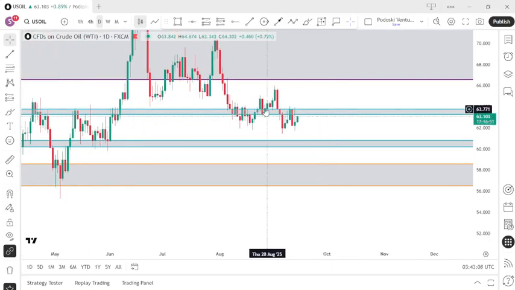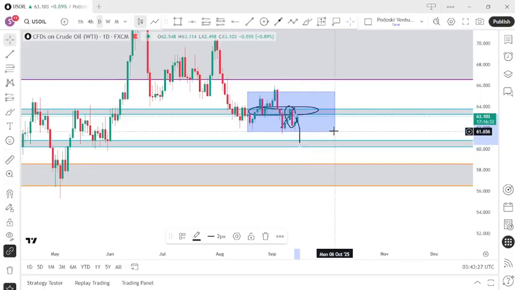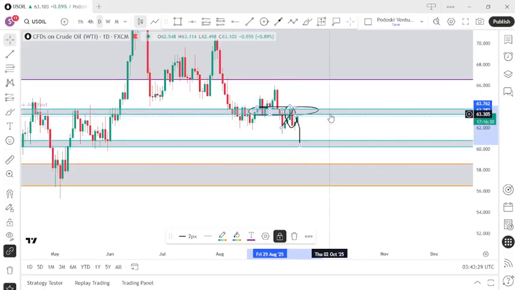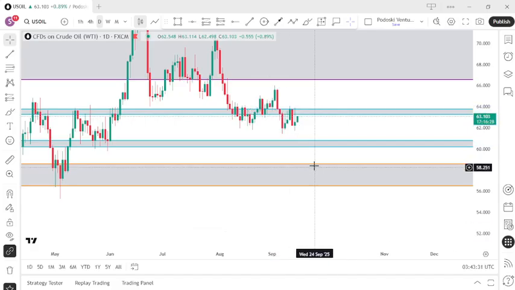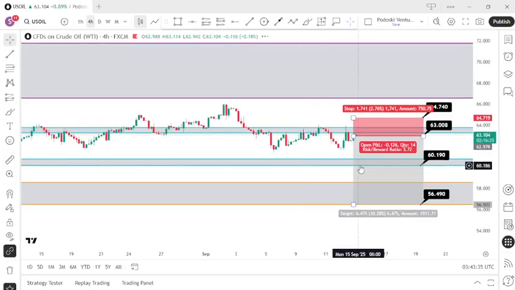Currently price broke out of this daily midway zone, and you could see the retest and another bearish engulfing as candle confirmation, and price is expected to move to the downside. So what you are going to do is go to the 4 hour time frame and see how we'll be picking an entry on this guy. So let's go to the 4 hour.